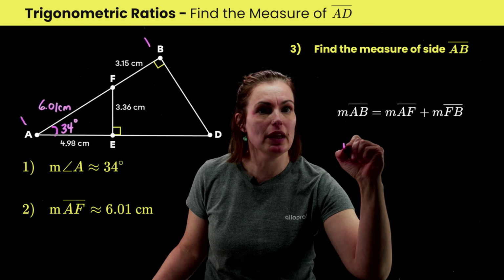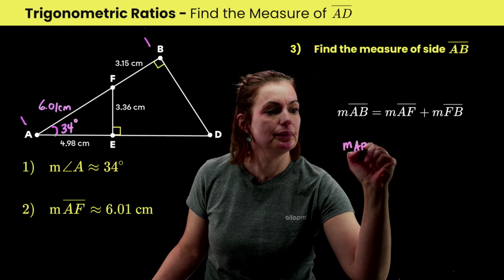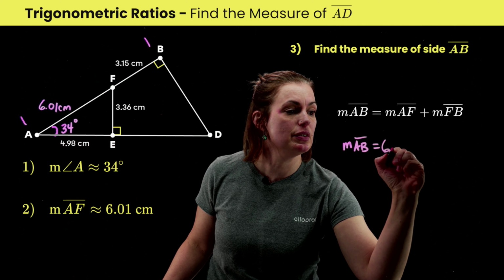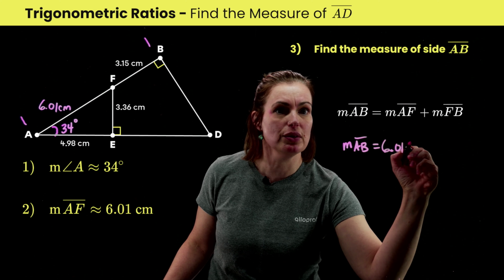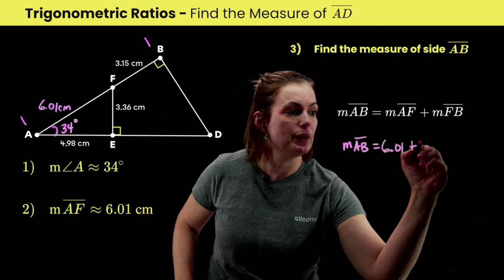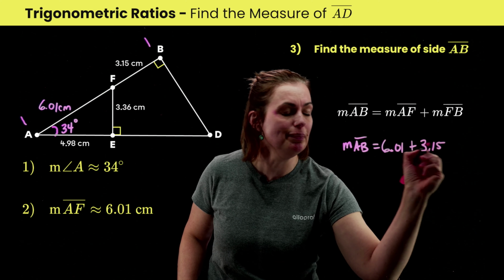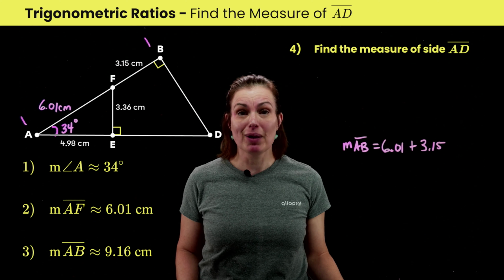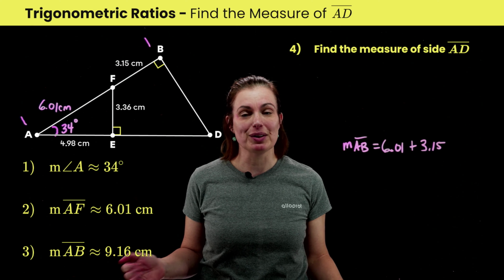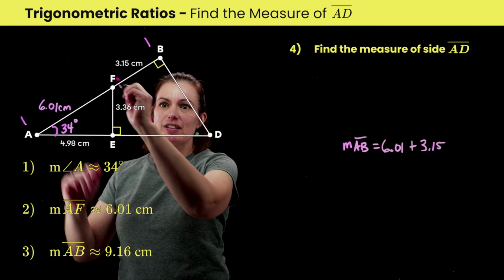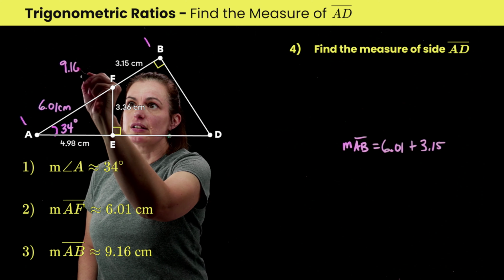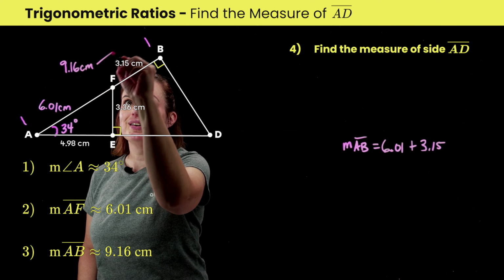So the measure of AB is equal to AF, which we found to be 6.01 centimeters, plus the 3.15, which was given to us in the problem. When I add those two numbers together, I get approximately 9.16 centimeters. So that means that the whole distance A to B is 9.16 centimeters.